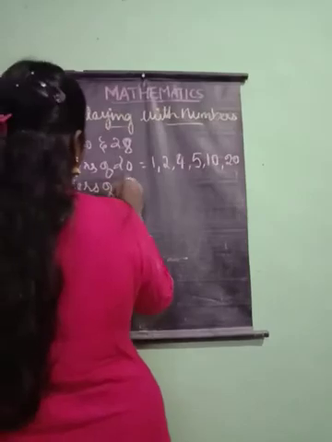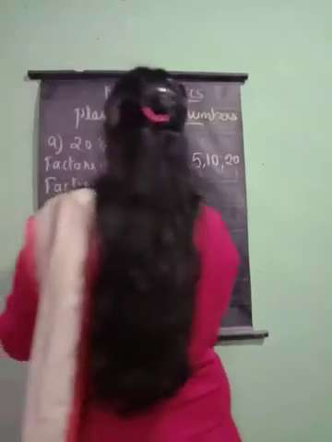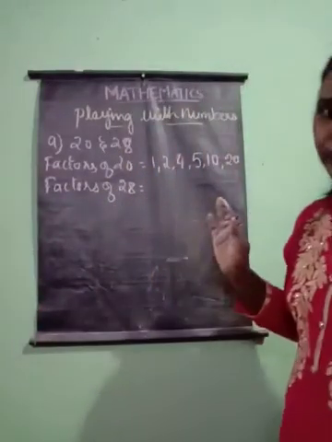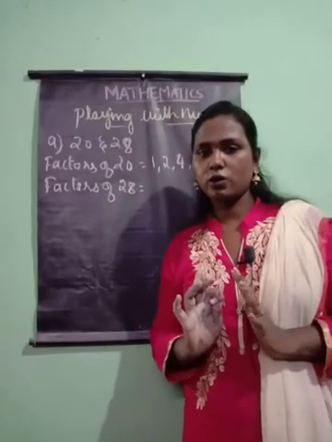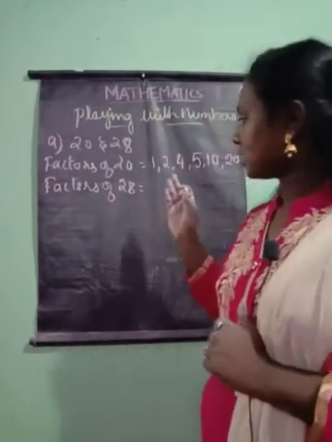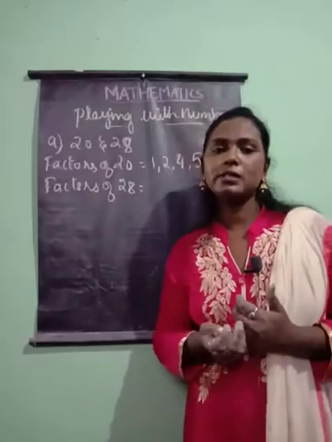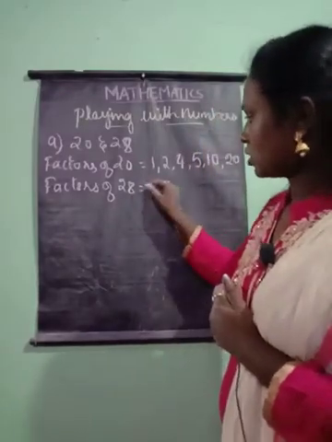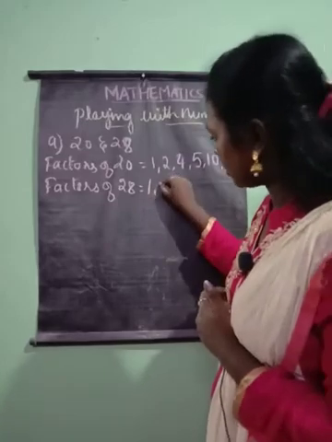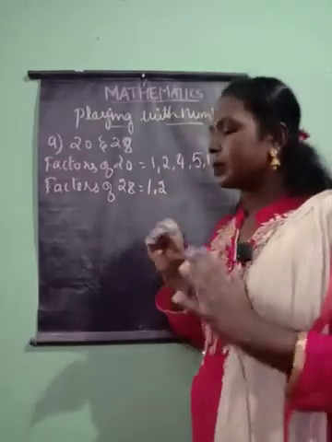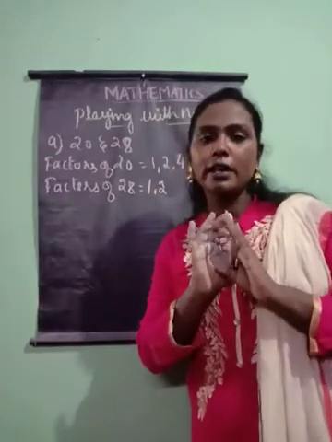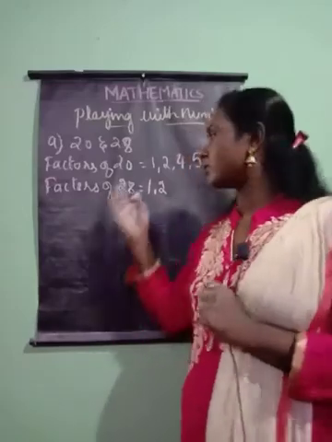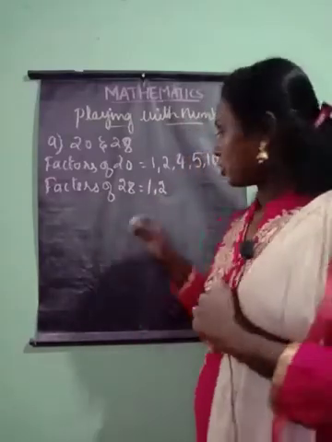Factors of 28. So this is not multiples, this is factors. So let us see in which tables 28 will be a multiple. So in 1, again in 2. Keep in mind that all the even numbers are multiples of table 2.